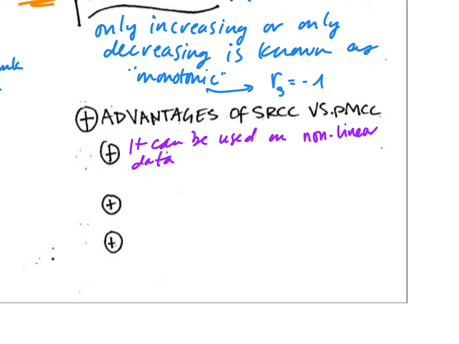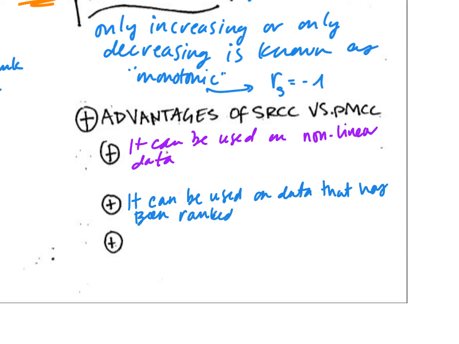It can be used on data that has been ranked even if the original data is unknown, which is helpful if you don't know your original data set, which sometimes we don't.